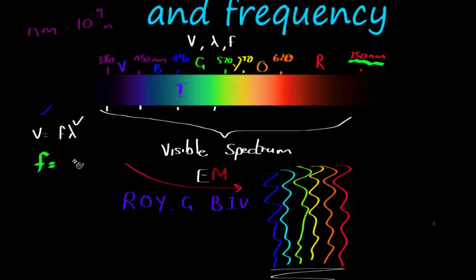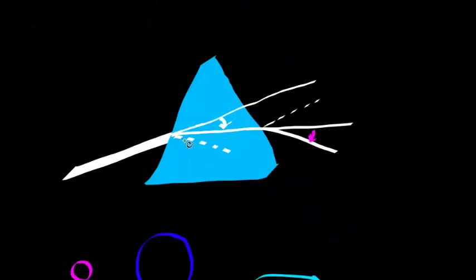Frequency is equal to velocity divided by wavelength. So when wavelength increases, the denominator increases and the frequency decreases. So the longest wavelengths are the red, which means they have the lowest frequency. The frequency for red is lower than the frequency for blue.